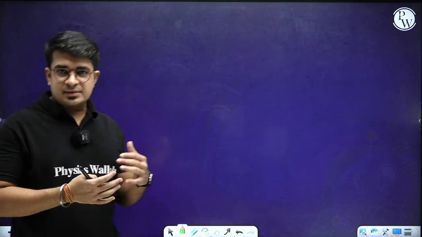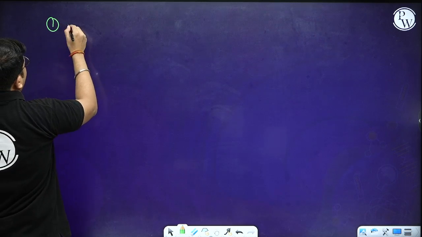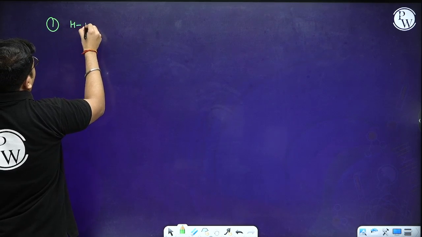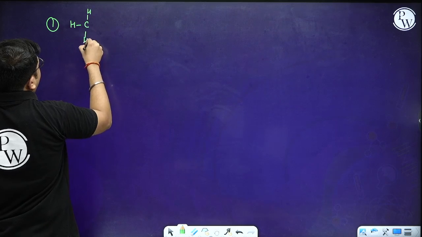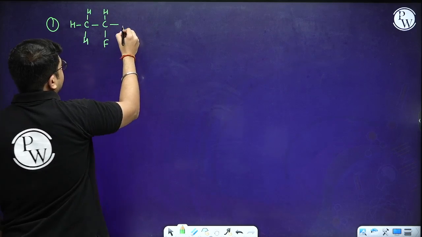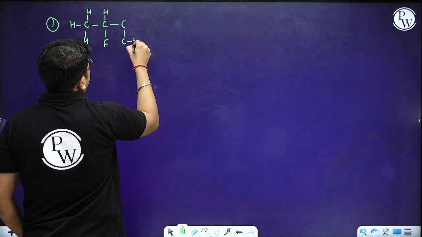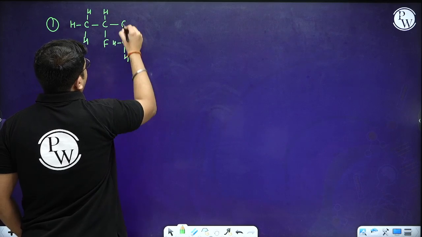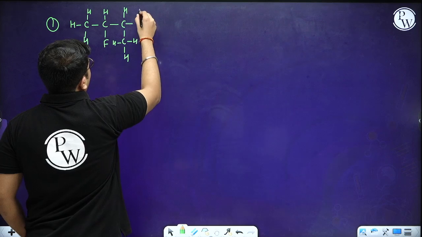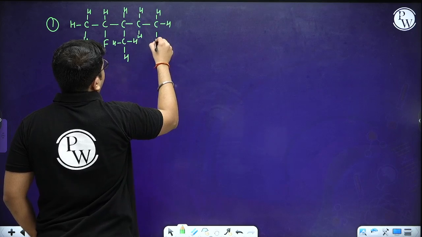Now let's practice certain other questions to get the idea of how to draw the bond line notation, which is the most important portion. Let's say I'm starting with the first one.